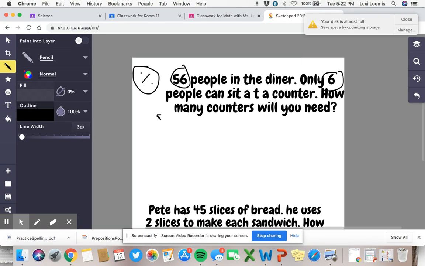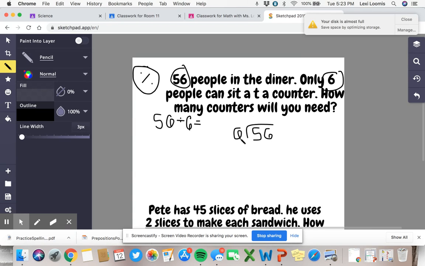So our equation is going to be 56 divided by 6 equals a number. Then if you can do it in your head, you are more than welcome to. If you want to put it in the house, maybe to help you see it a little better, 56 goes inside of the house and 6 goes outside of the house.